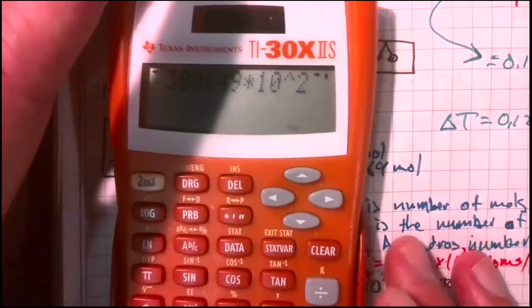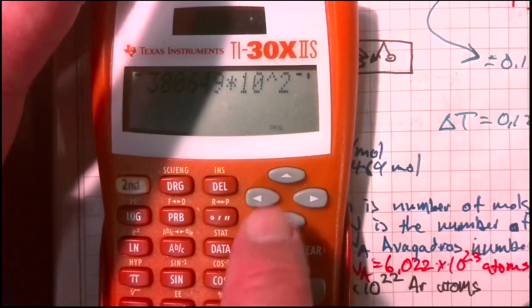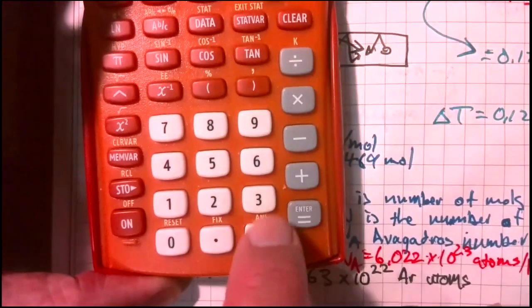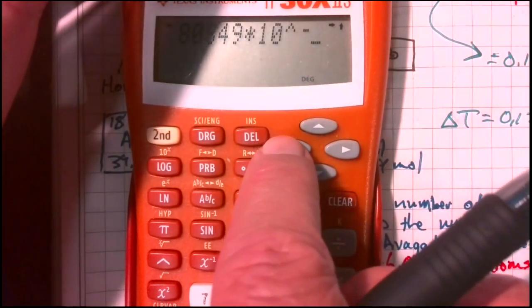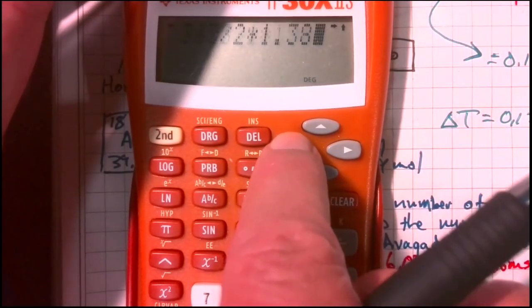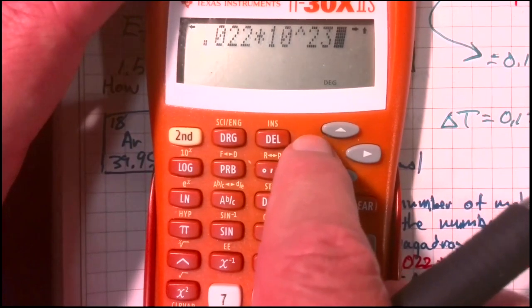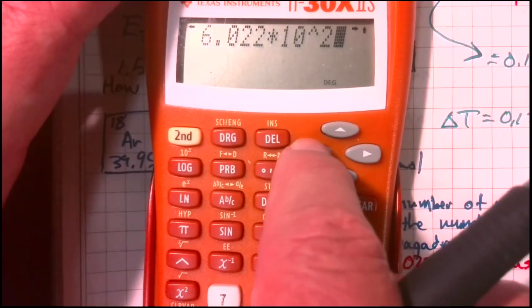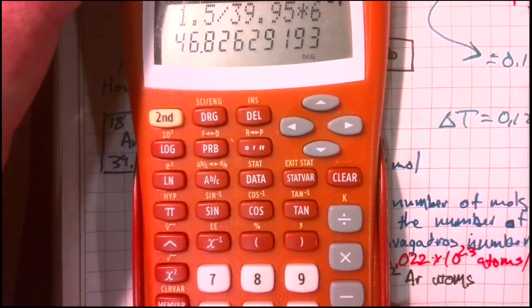I kept all this in here, and right here this should be minus 23. So I'm going to press second insert and try to put in a minus sign here. Boom, it took it. Wonderful. Let's press enter here.